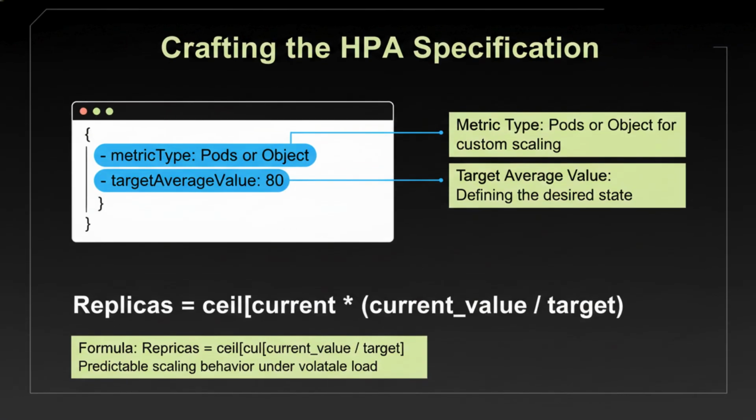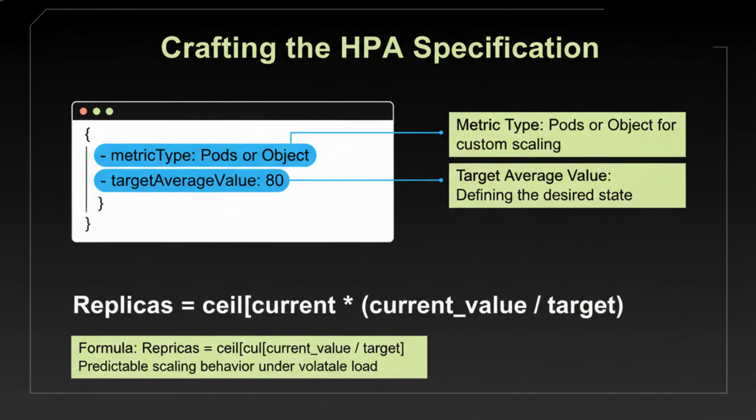Once the metrics are available in the API, we define the horizontal pod autoscaler object. Unlike a standard HPA, we set the metrics type to pods or object. We specify the metric name we defined in our adapter rules and set a target average value. For instance, if we want to maintain 100 concurrent requests per pod, we set that as our target.